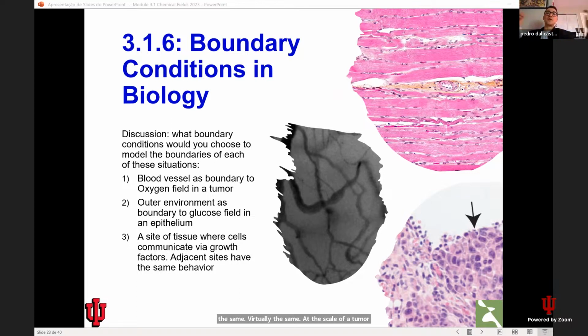Okay, Annie? So we are not modeling the immediate behavior in the interface between the two tissues. Otherwise, you would also need to take the blood flow into account, which would make your simulation so much more complex.